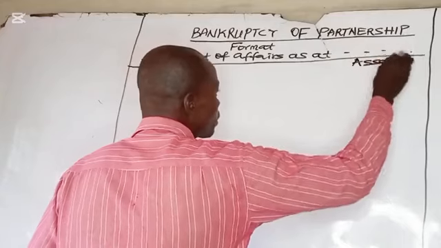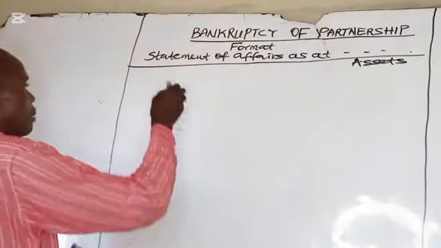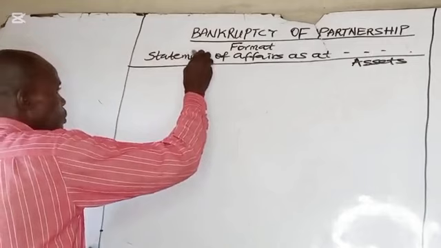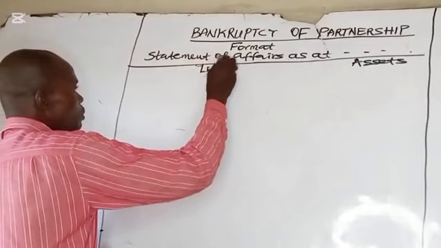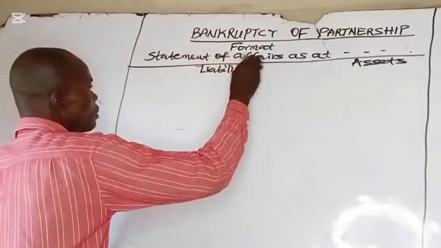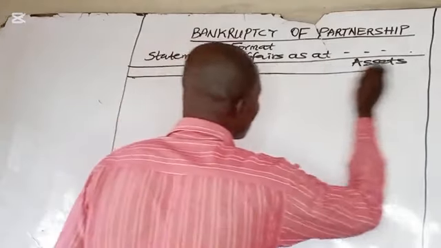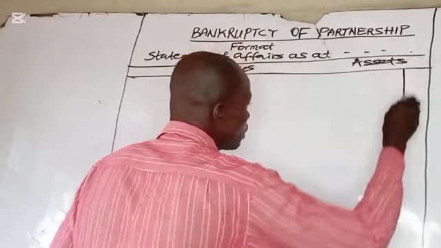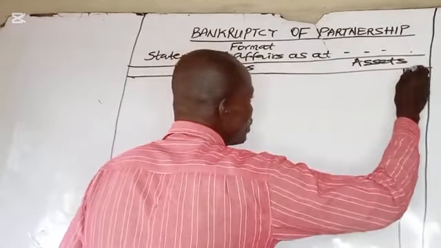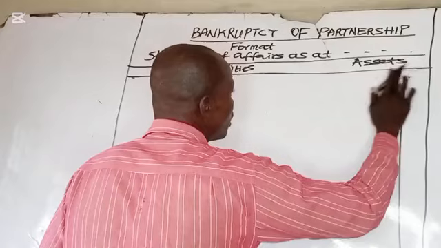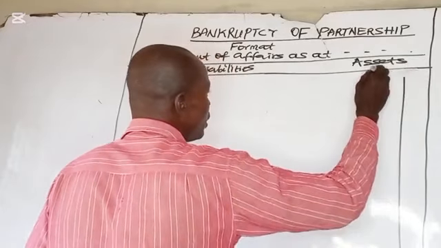Assets, then you have liabilities. Let's assume this is B and A.